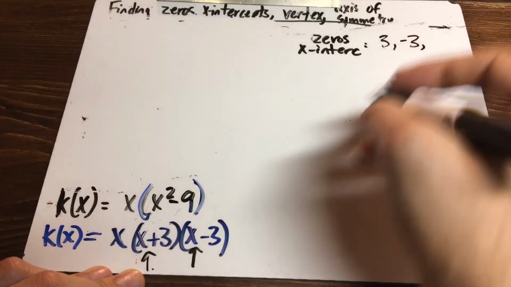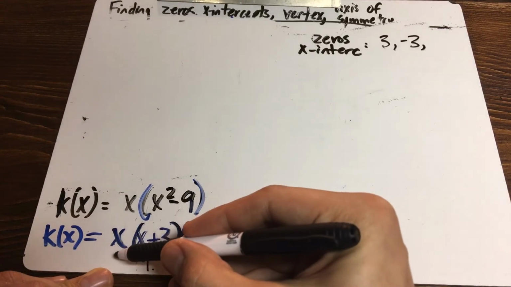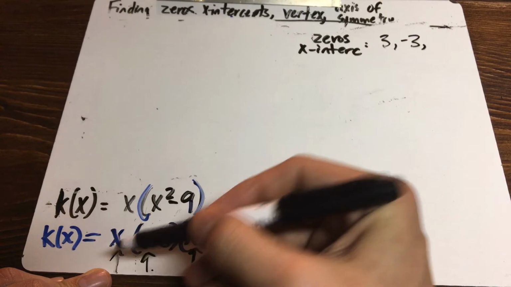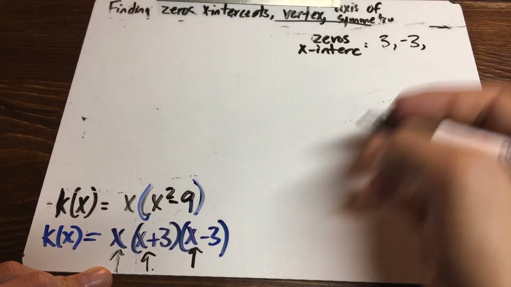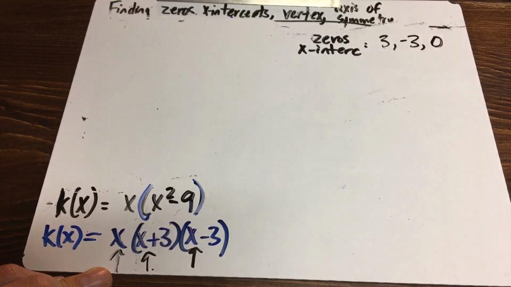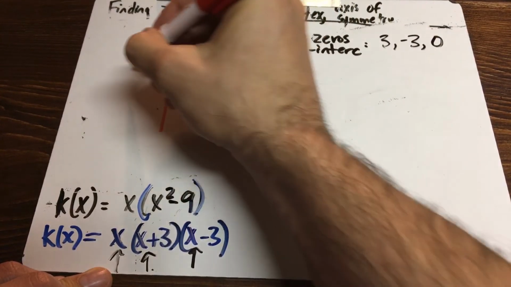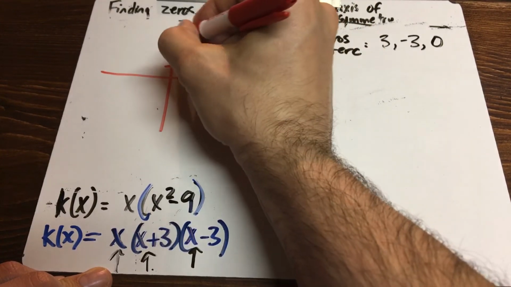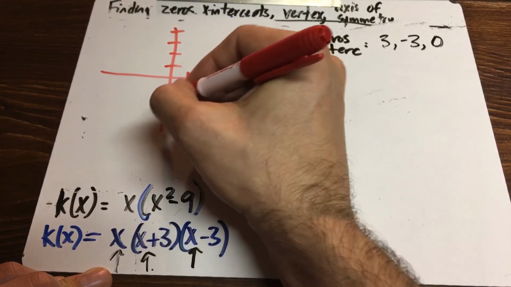That means negative 3. But oh wait, here's a new one we've never seen before. We've never seen just a regular x out here by itself. When it's just a regular x all out here by itself, that is actually 0, right? And so this graph is a graph we've never seen before. Let me go ahead and put it on here just to make it really visible for you guys.